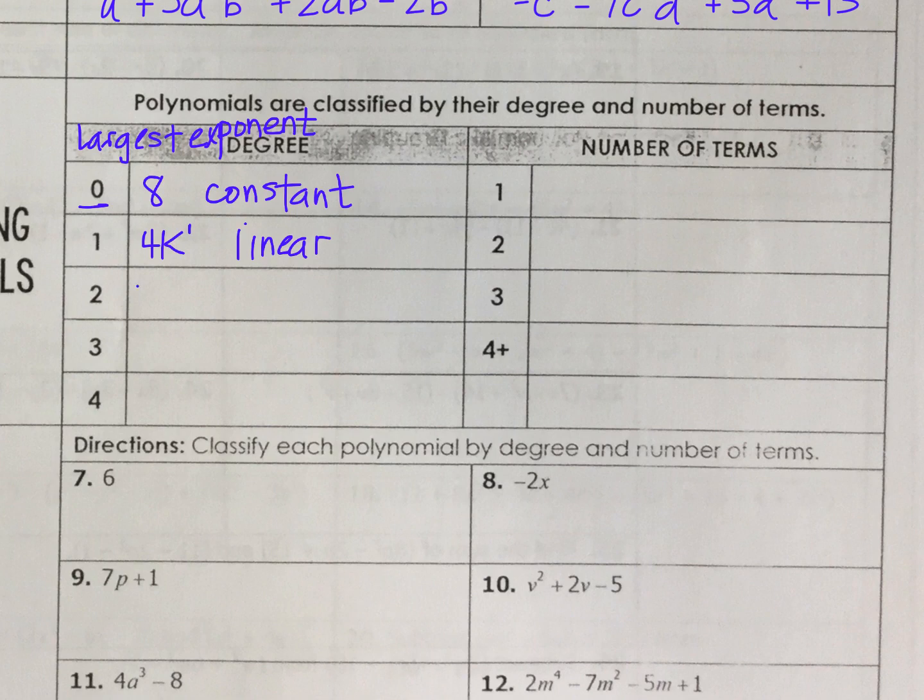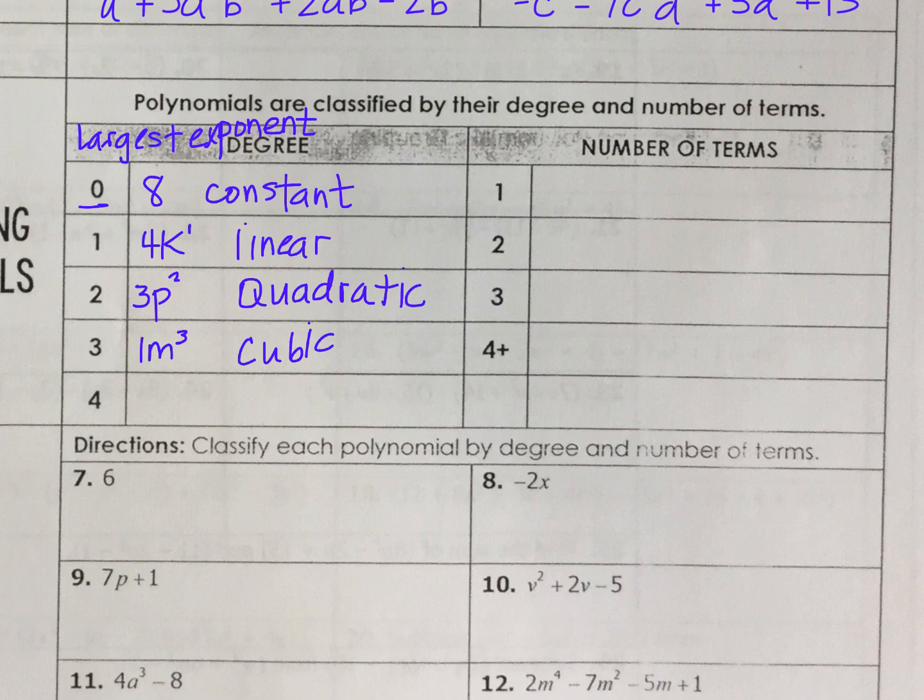So 3p squared, that would be a quadratic. If I have 1m to the third, that would give me a cubic.